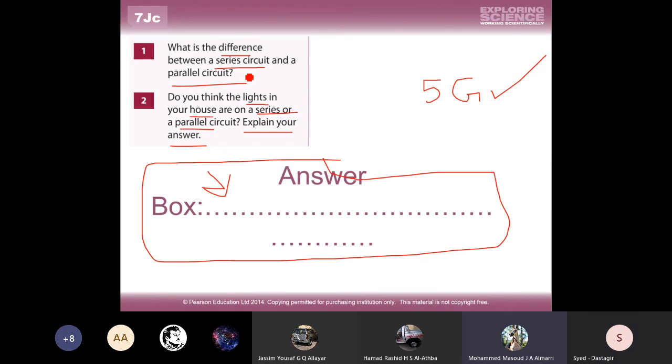And the parallel circuit has a switch, and it can have 4 bulbs, set separately. It means you can switch off one and let the other 2 stay on. Okay, you're partly right. So carry on.